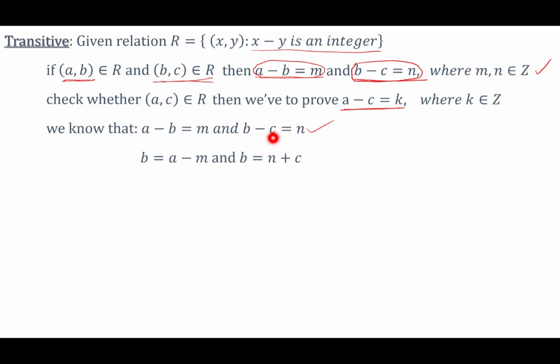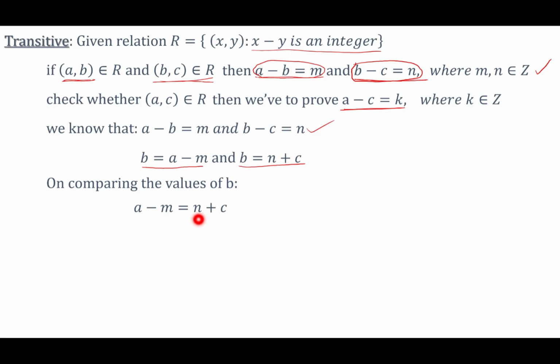I switch this negative c to the other side, and it becomes positive c. Now I got two values of b. On comparing the values of b, a minus m equals n plus c. This is what we got.